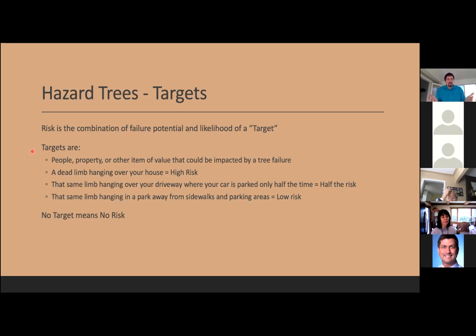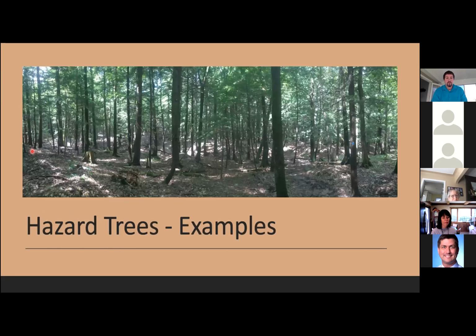There's still maybe some risk there, but it is a much lower priority than something over a structure that we can't move. In a situation like that, maybe the best thing to do is caution tape it off and not let anybody there. If there's a bench underneath it, move the bench. That's sometimes the easiest way to mitigate some of these things.